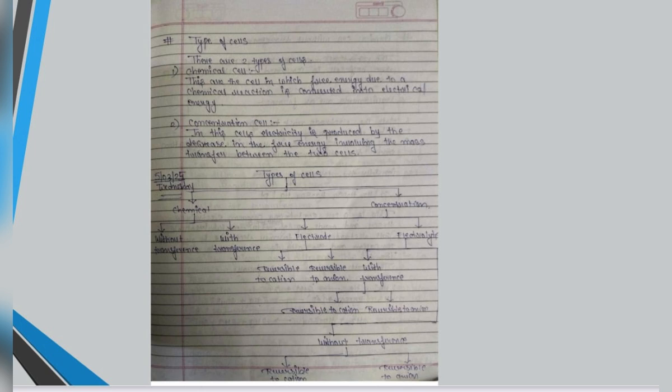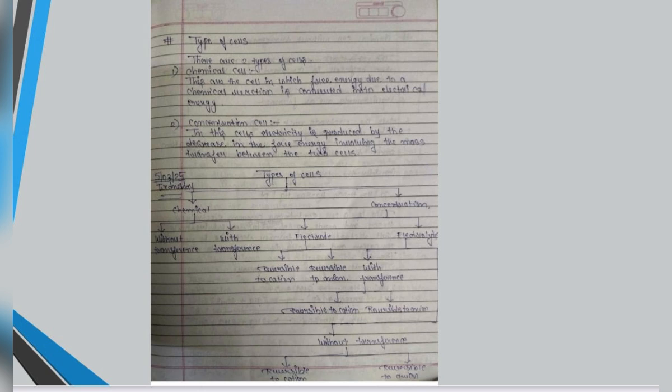Now if you go for a flow sheet diagram with respect to the types of cells, here it is. Basically they are classified into two categories, chemical and concentration cells. Chemical cells are of two types, without transference and with transference. Concentration cells are of two types, that is electrode as well as electrolyte.